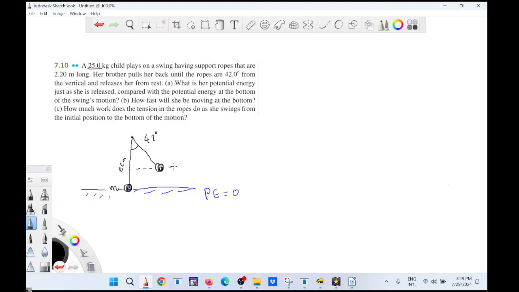So they want to compare the potential energy here to there. So for that, you need to find the height here, h. So this is just geometry, because we're going to take this right angle triangle. So this is 42 degrees. And I'm going to call that length, from here to there, L1.